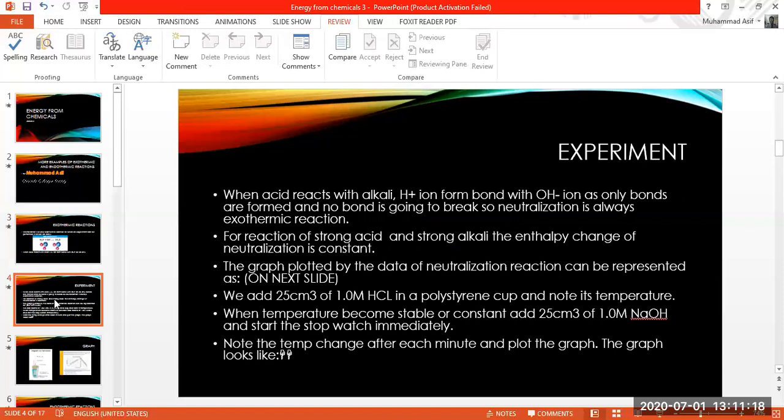Now, these are some important points. When acid reacts with alkalis, the H positive ion forms bonds with the OH negative ion, the hydroxide ion. As only bonds are formed and no bonds are going to break, neutralization is always an exothermic reaction.